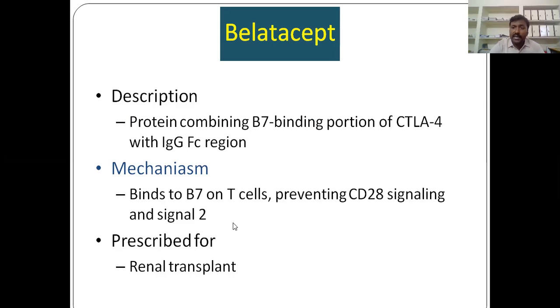We already discussed what signal 2 is; just go through my second video regarding immunosuppressants. So it stops signal 2, and there is no further process of T cell activation.